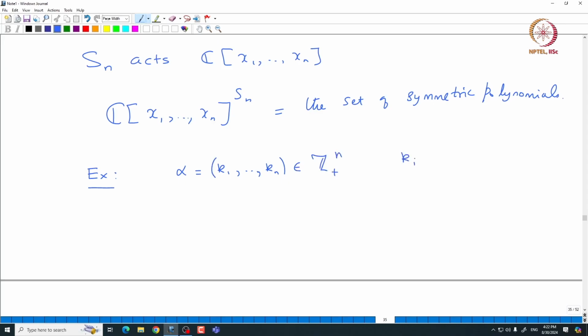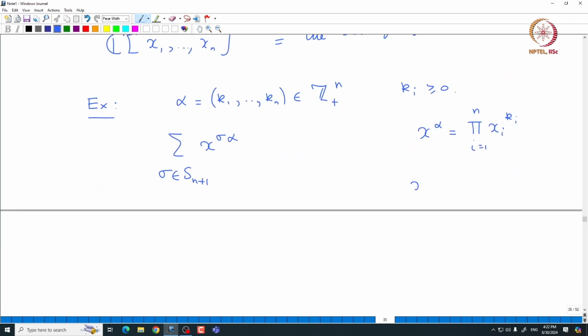Basically, the ki's are all non-negative integers, that is all we want. Then we can talk about the summation x power sigma alpha, where sigma runs over Sn plus 1. So, what is x power alpha? That is just the product xi power ki, i ranging from 1 to n.